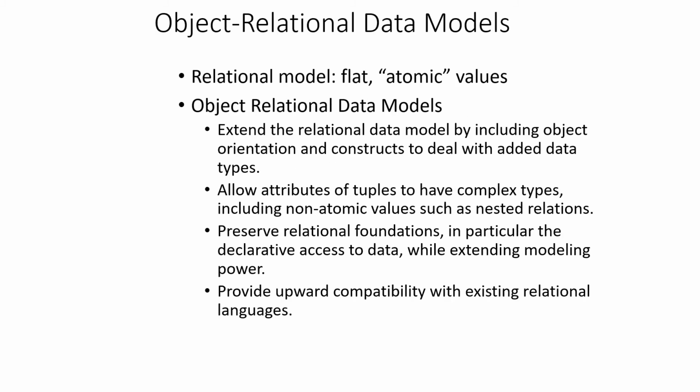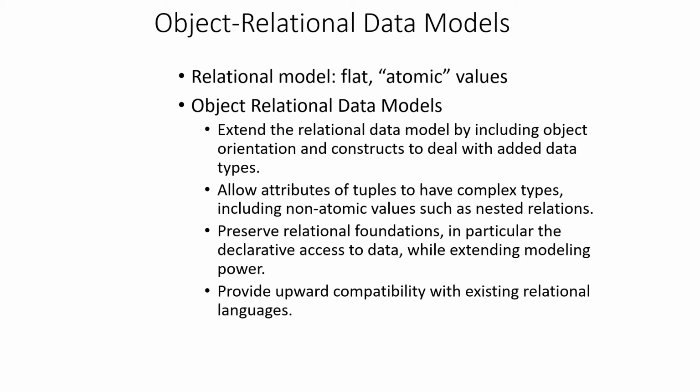Okay. Now, object relational data models. Relational models have flat atomic values. Now we will study the basic things of object relational data models. They extend the relational data model by including object orientation and constructs to deal with added data types.